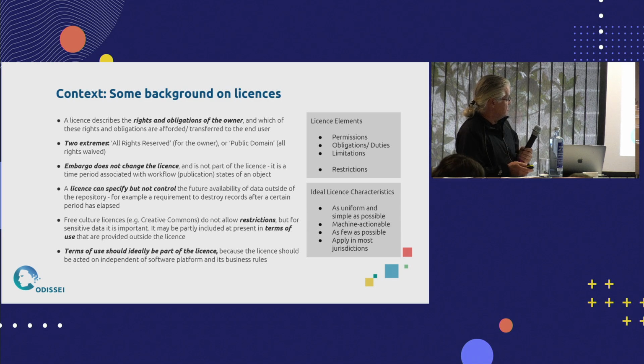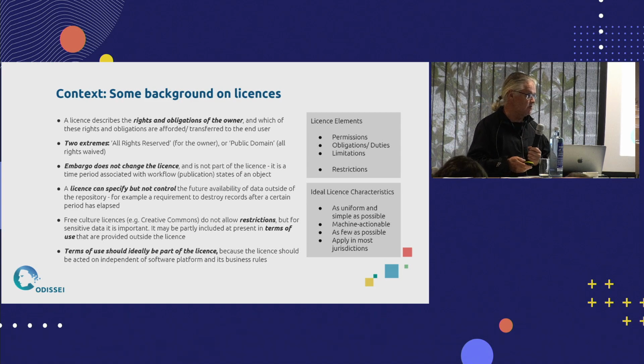The other thing to think about is that we often see, in repository infrastructures, that it's possible to add all kinds of access conditions and restrictions on top of the license, in addition to the license. But we don't think that this is a very good idea, because the data set or the object may not always reside in that infrastructure.